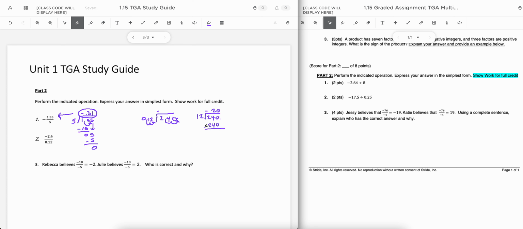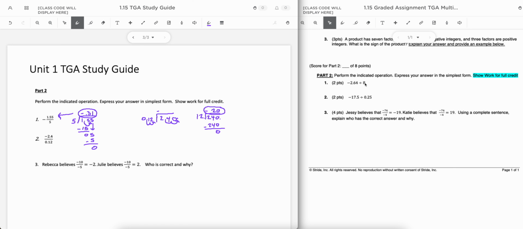Okay. And make sure that you write this part out. And you can just circle your answers. All right. So number 1 for part 2 on the study guide is negative 0.31. Number 2 is negative 20.